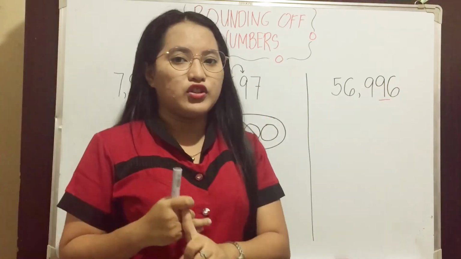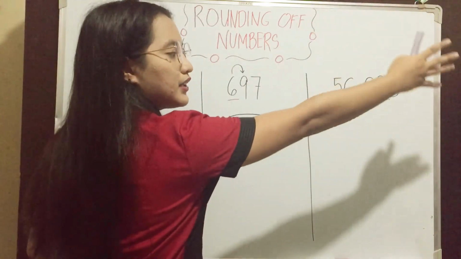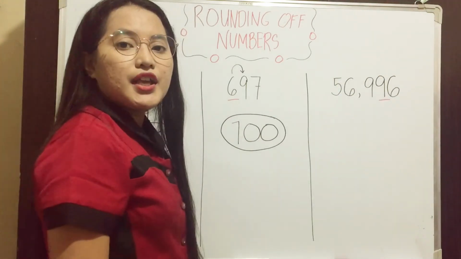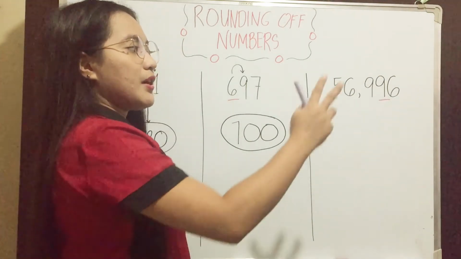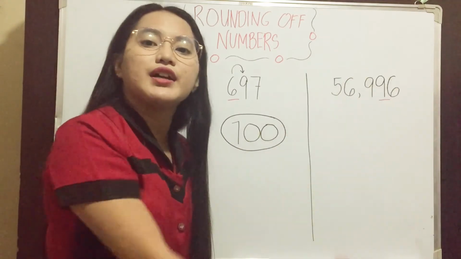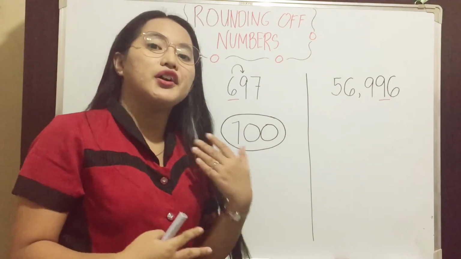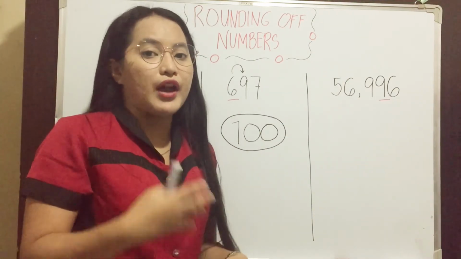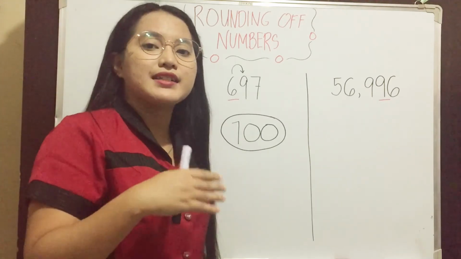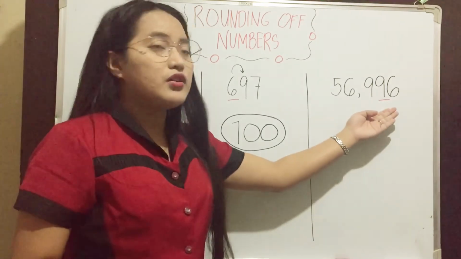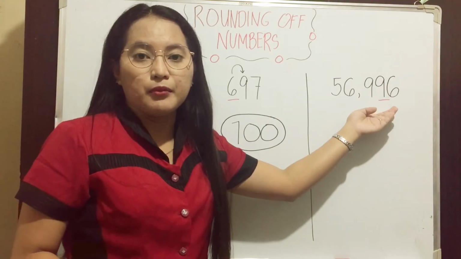So first, look to the right of the underlined number. If the number at the right side of the underlined number is less than 5, then we will keep the underlined number 9.